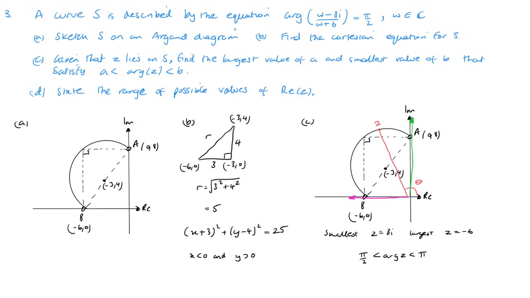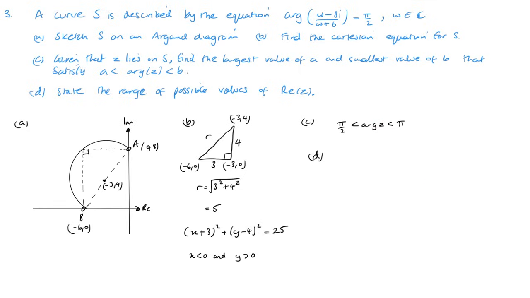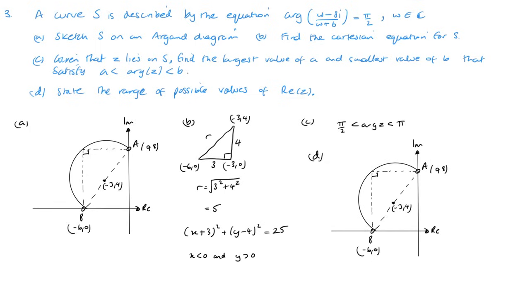Now part D is: state the range of possible values of the real part of Z. Okay, so let's do D. For this, I just want to get my diagram back up. So the furthest point to the left is going to be here.